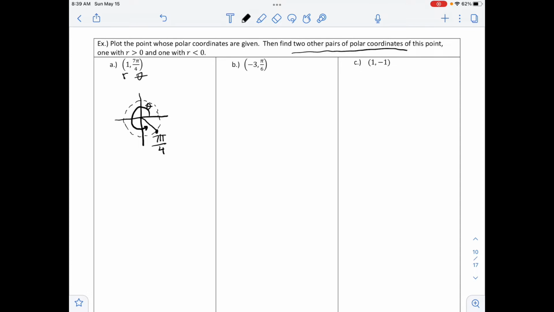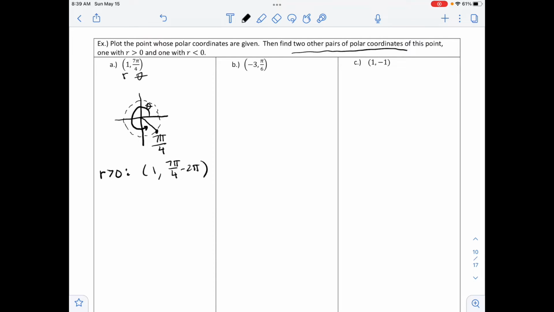Remember that an entire circle means adding or subtracting 2π. So when r is greater than 0, our radius is going to be 1, and then we had 7π over 4, and you can either add or subtract 2π. I'll just subtract 2π, but it doesn't matter.